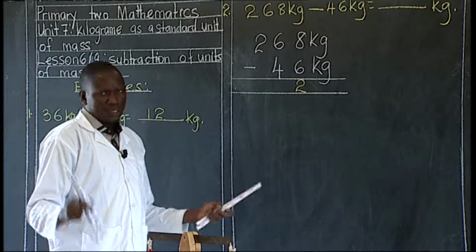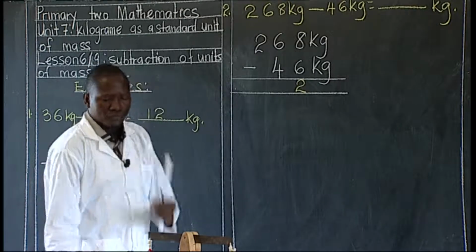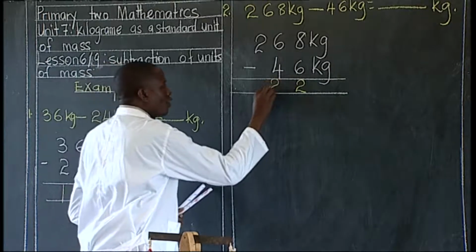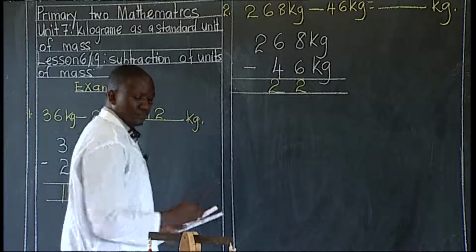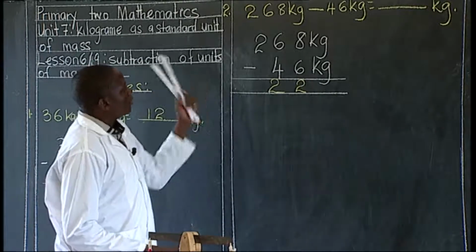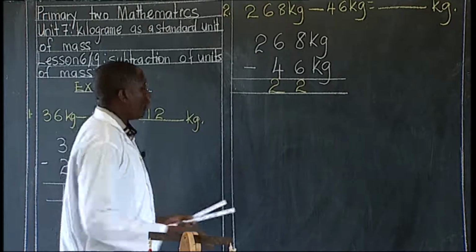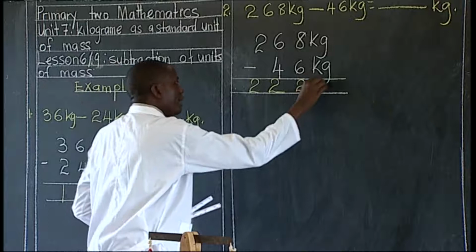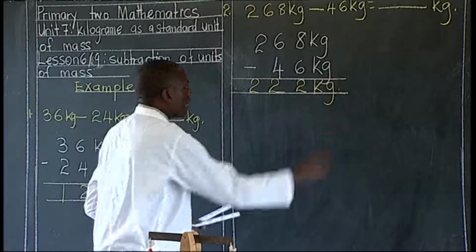What are we left with? We have only 2. So our answer again will be 2. Now, let's look at the next one. 2 take away 0. Automatically, it will be 2. Here, remember, we are subtracting kilograms.